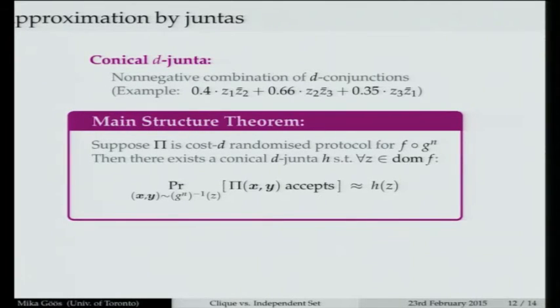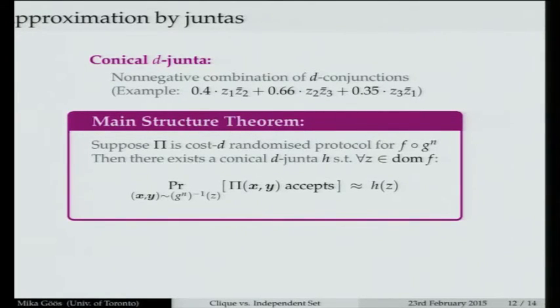So when I say that the junta records the acceptance probability on z, I'm really making this identification that for z I associate the uniform distribution on its two-party encodings. I feed the protocol a uniformly random two-party encoding of z, and I ask, what's your acceptance probability? This probability is taken over both the choice of the input and the internal randomness of the protocol. And the main theorem says that this probability you can record in this conical junta object.